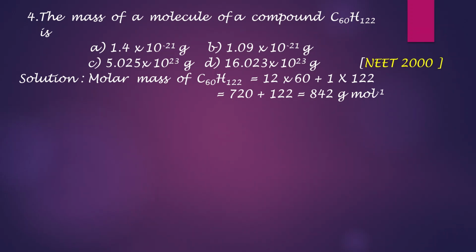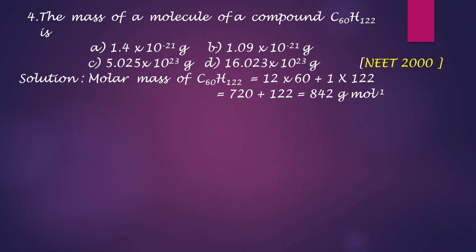Here one molecule of the compound contains 60 carbon atoms and 122 hydrogen atoms. So 60 is multiplied with the gram atomic mass of carbon, that is 12 gram, and added to the gram atomic mass of hydrogen, that is 1 gram, which is multiplied with 122. So you will get 842 gram per mole as the molar mass of this compound.